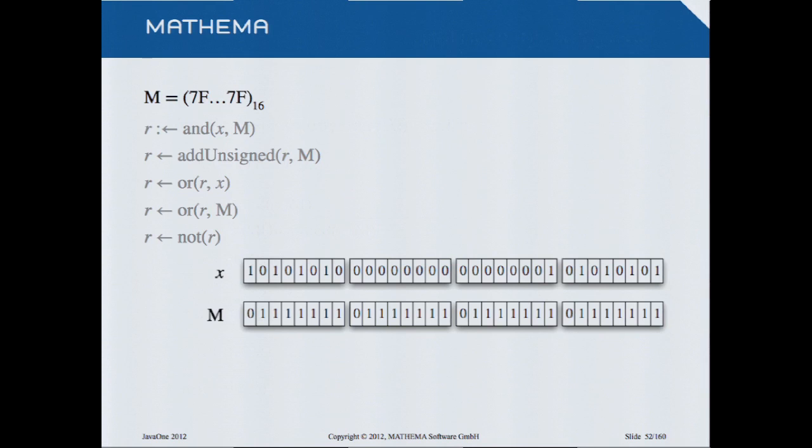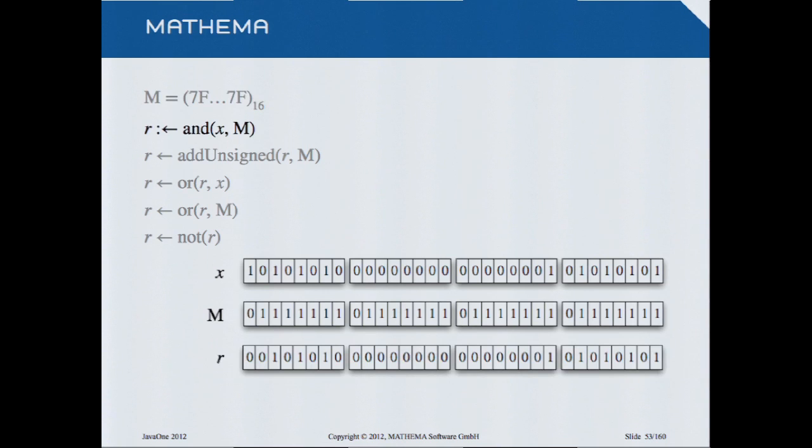And we take a look at this. We have a mask, and this mask looks like this. So we have almost all ones, but in every byte, the most significant bit is 0. Then we AND this mask with our original value, and you see the most significant bit of each byte is still 0, and the rest is unchanged.